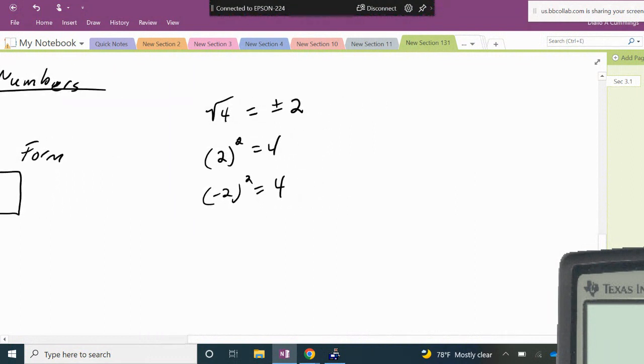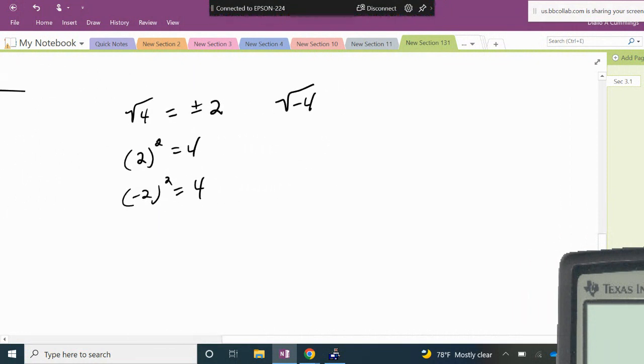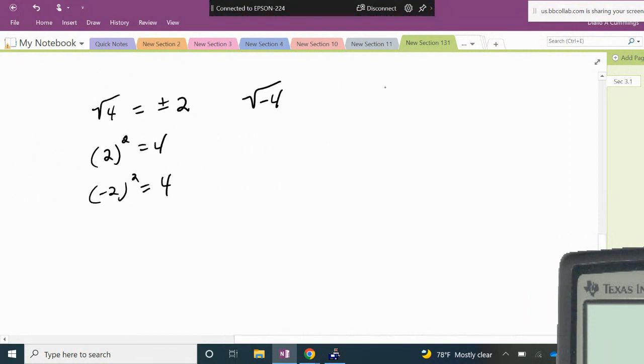Here is where imaginary numbers come in. Something like the square root of negative 4 is actually not a real number, so this introduces the imaginary i unit. As far as the imaginary i unit is concerned, we set this construct that i squared is equal to negative 1.